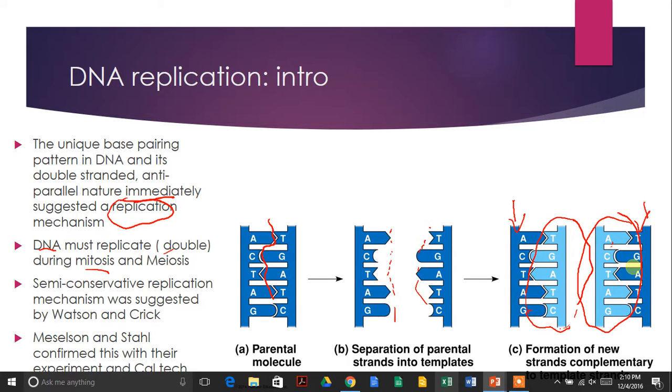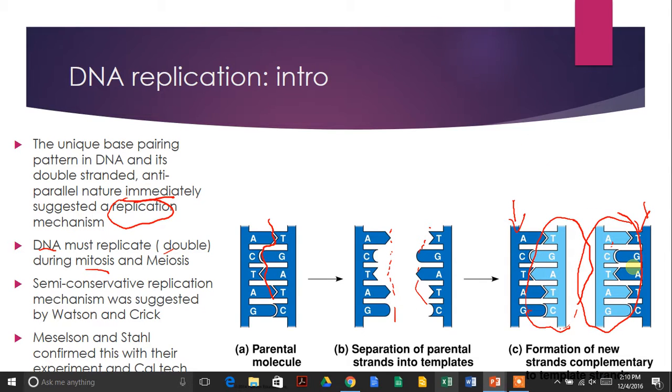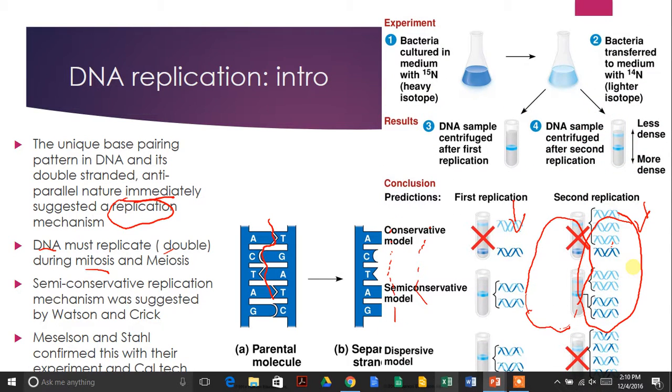Meselson and Stahl confirmed that DNA replication was semi-conservative by doing this experiment. In one beaker, they cultured bacteria in a medium with radioactive nitrogen, and that DNA sample was centrifuged after the first replication of that DNA.